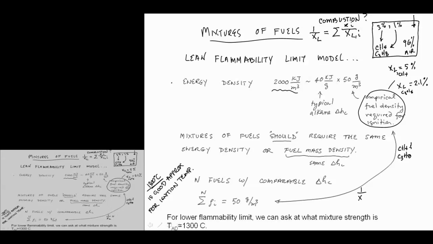is equal to 0.03 divided by 0.05 plus 0.01 divided by 0.021. Okay.